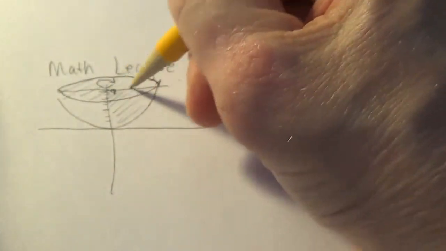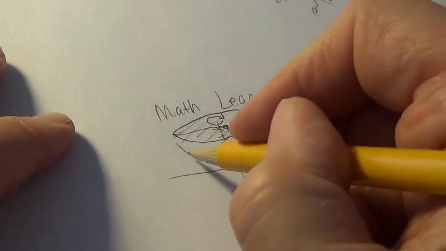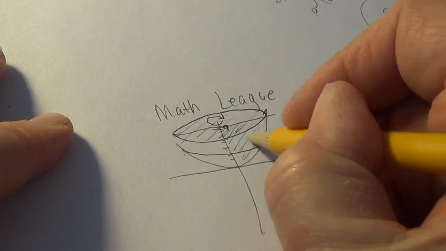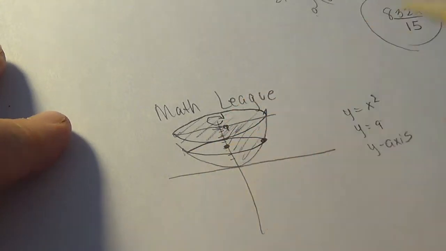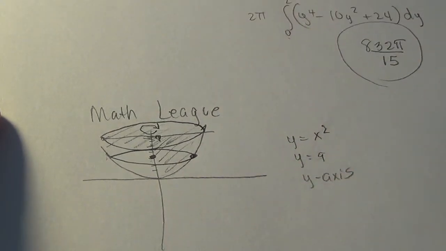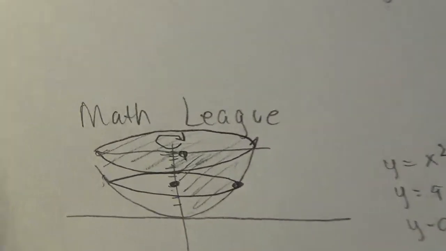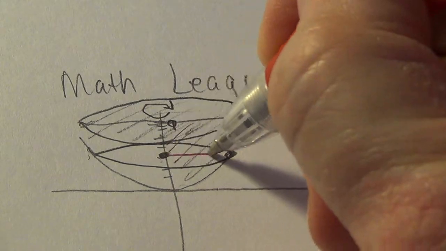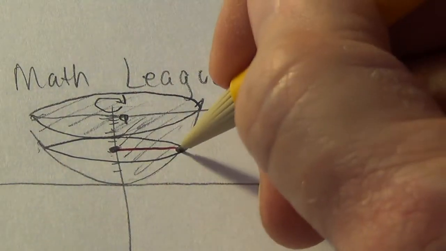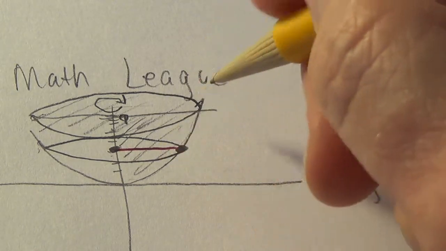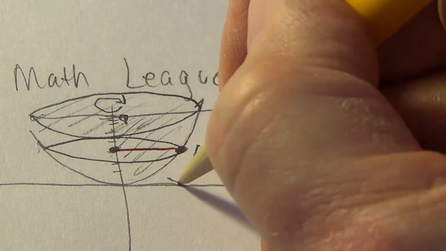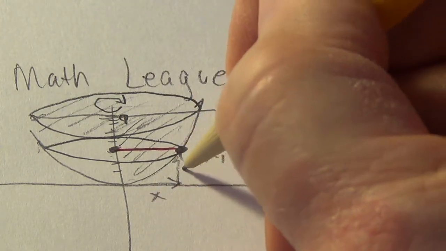So we don't need washers, there are no holes, so we have discs, and here's a disc that I'm most interested in. Here is the radius that will help me. And notice that radius is related to this point on the function, and it's x over, y up. We went over x and up y.